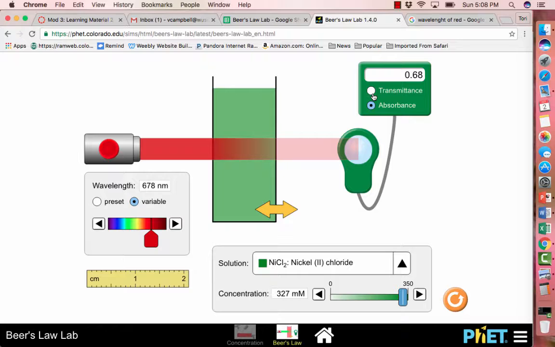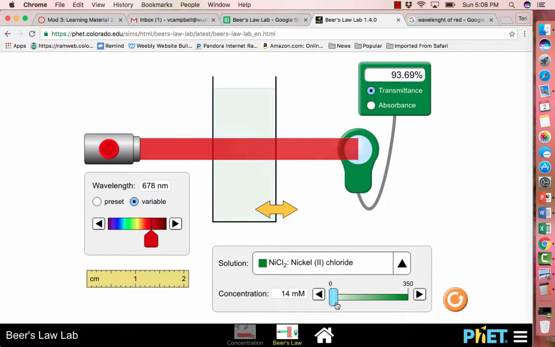Now let's look at what transmittance does. If I go back down to a zero concentration, I have 100% transmittance. That is showing that my laser is going straight through the solution because none of the light is being absorbed.